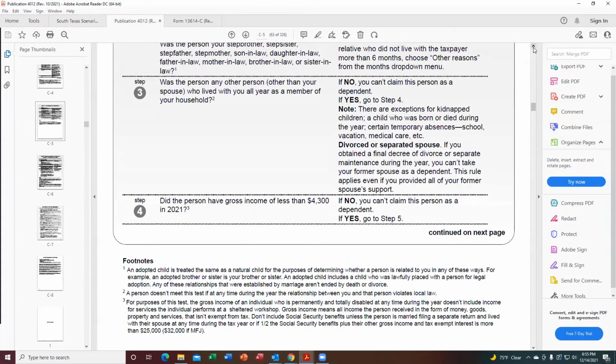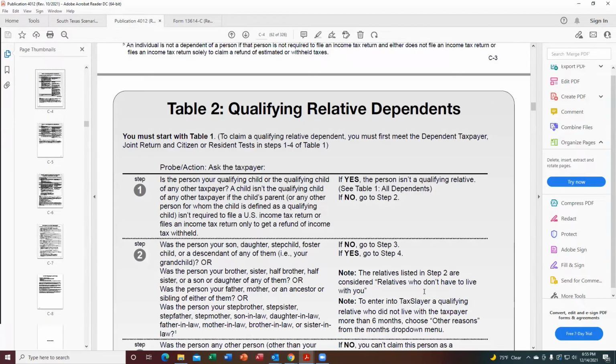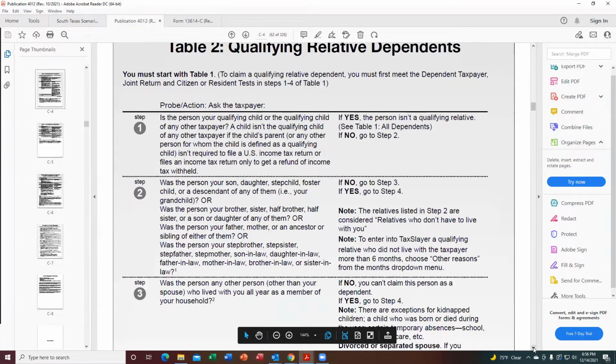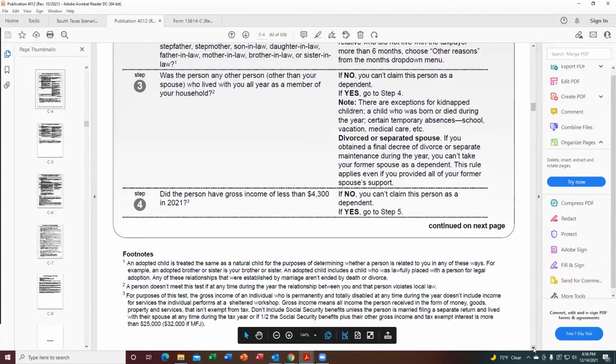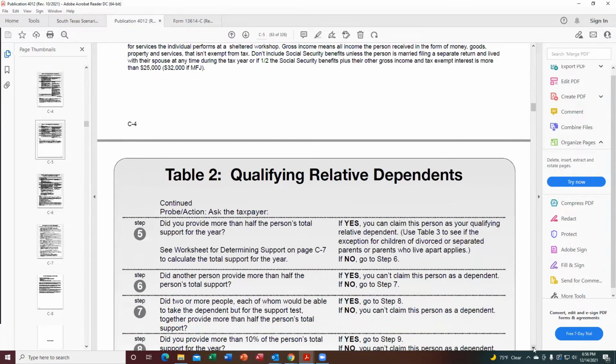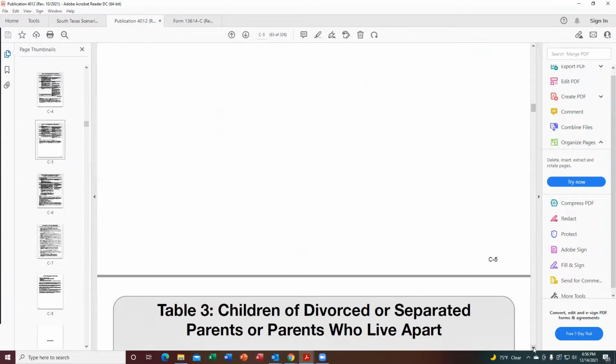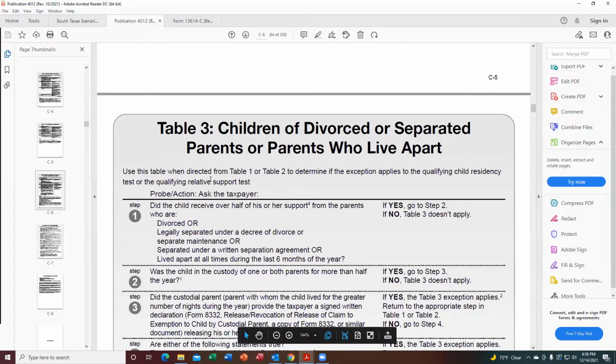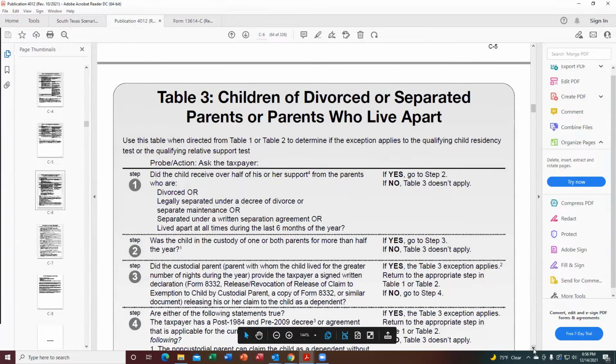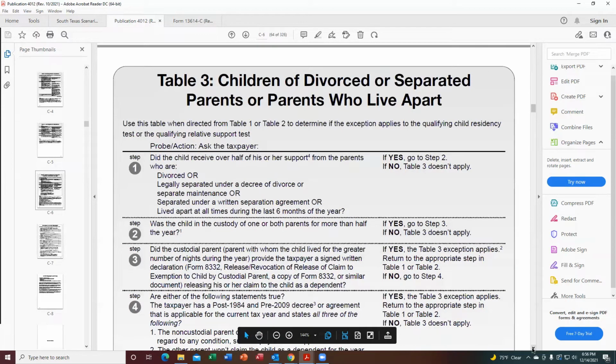What is that multiple support declaration? That's mainly for kids of separated or divorced parents. This one. And the parent will tell you what the situation is.